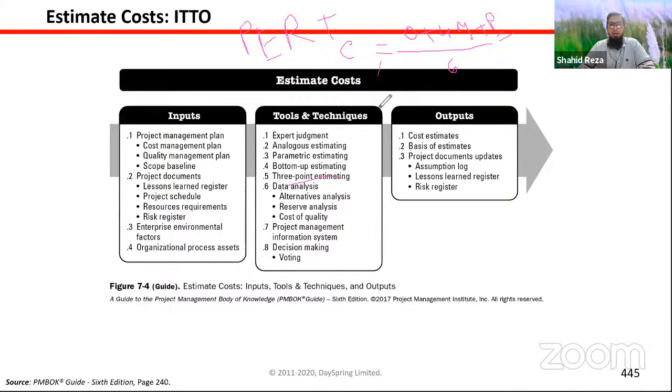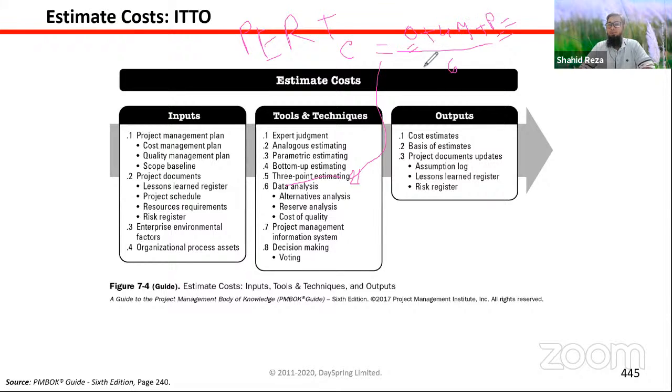But when you use the same tool for cost, we talk about cost. What is the optimistic value if everything goes well? If everything goes wrong, in the worst case scenario, how much money we need, and most likely is the general scenario, what happens in general. So that is the most likely cost.